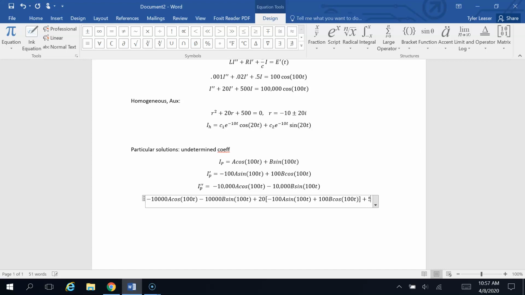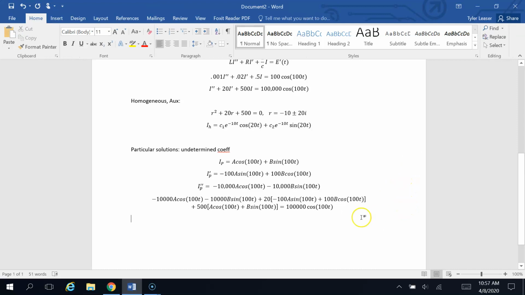Okay, and then that plus 500 times the function itself, a cosine 100t plus b sine 100t. And that's all going to be equal to the right-hand side, which is 100,000 cosine of 100t.